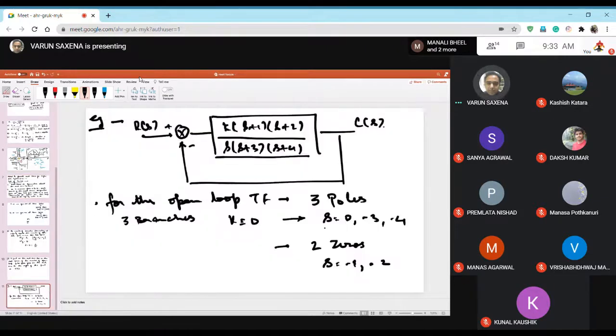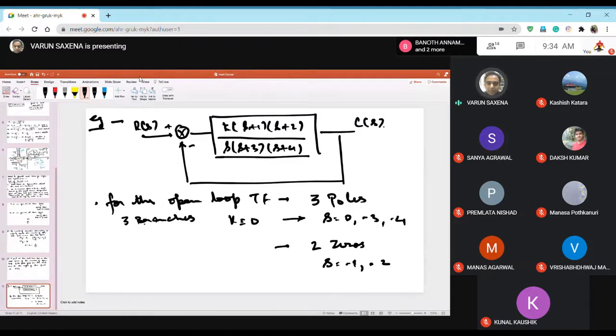In this problem, you have 3 poles of the open loop transfer function, G(s): s equal to 0, s equal to -3, and s equal to -4. Since they are 3 in number, the number of branches in the root locus is going to be 3. Sir, if there were 4 open loop zeros, then what would be the number of branches in the root locus?